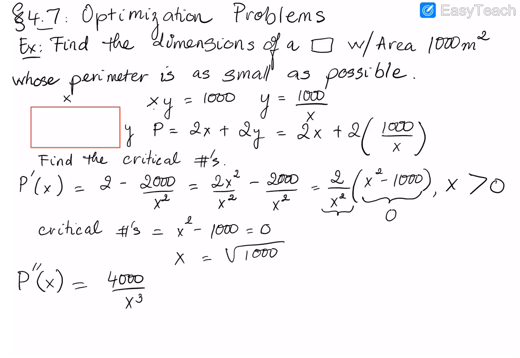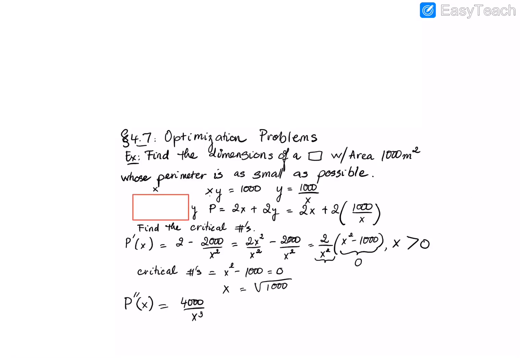We mentioned earlier x is greater than 0. Therefore, 4,000 over x cubed has to be greater than 0.